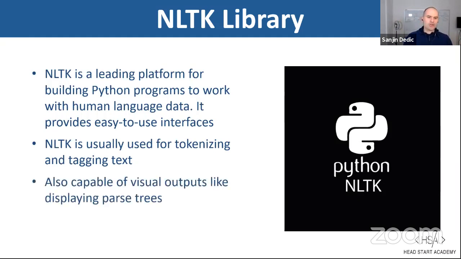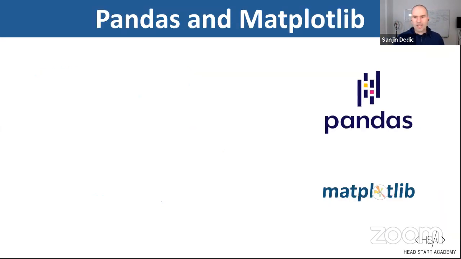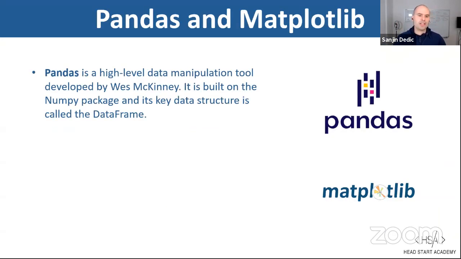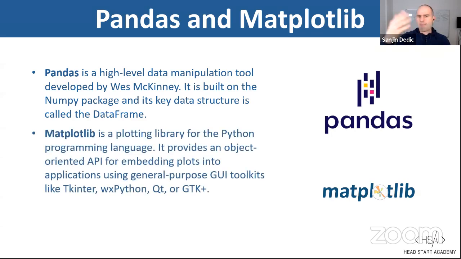NLTK also has some other tools used for visualizing, but for visualizing, we're going to use a different library. We're going to use pandas and matplotlib. Pandas is a data manipulation tool built on structures called data frames, and these data frames can then be plotted using matplotlib into various graphs.